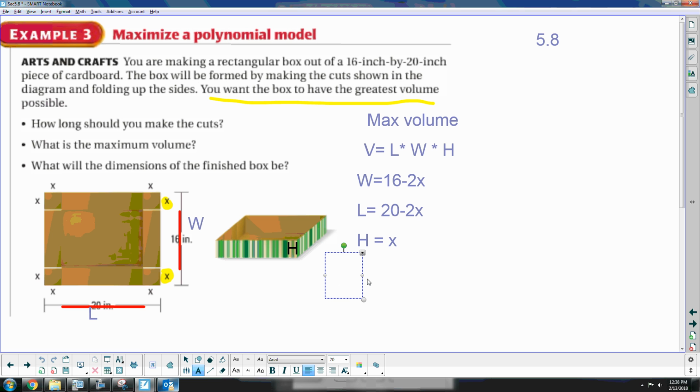Right now, we have volume equals 16 minus 2x, 20 minus 2x, and x. So let's actually multiply this out so that we can write it as a polynomial function. And it'll be to the third degree.